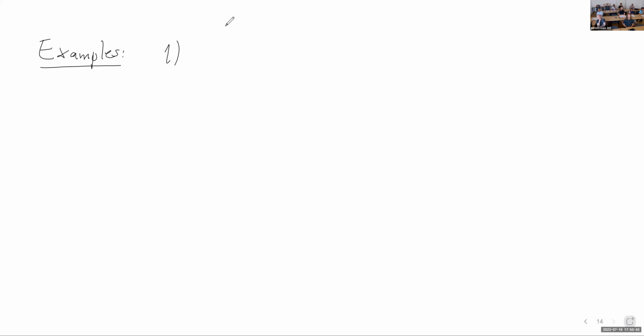So as I had before, for this universal C-star algebra, we just need one relation. Let's say you have a set G which has just one generator.